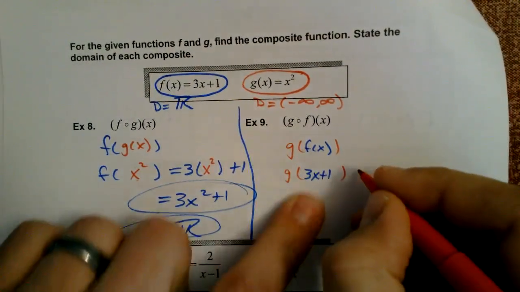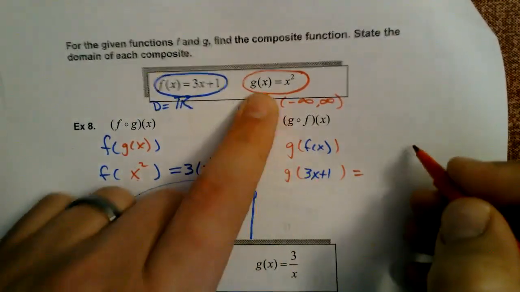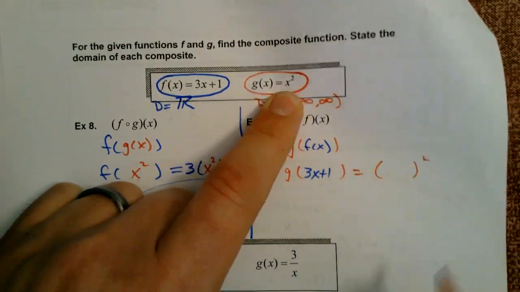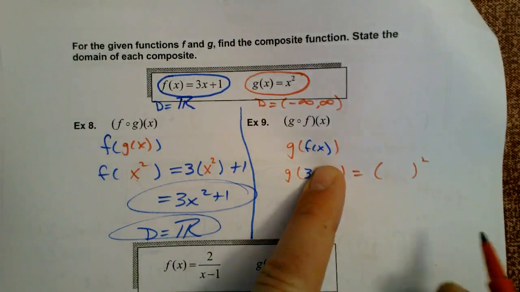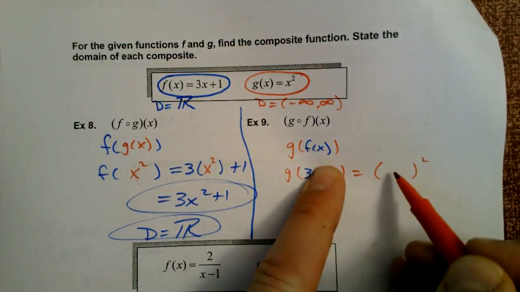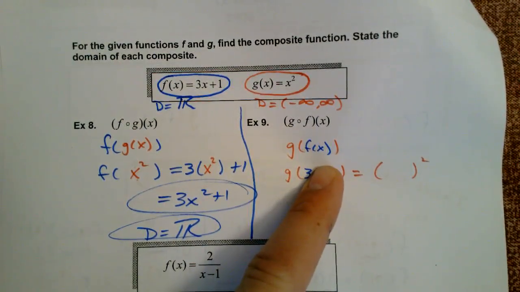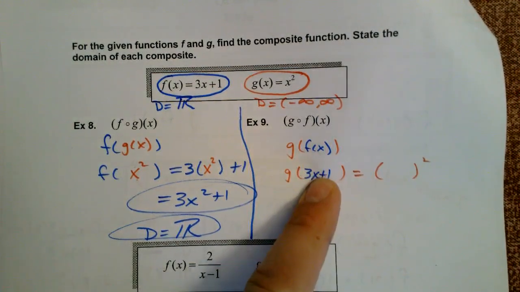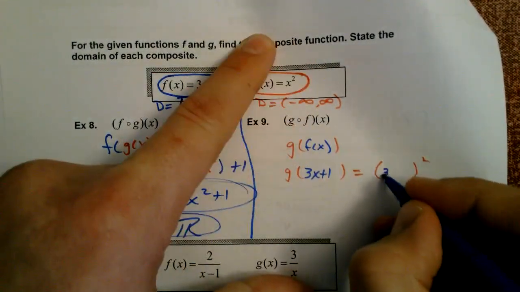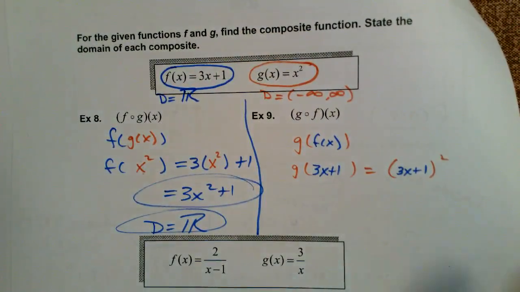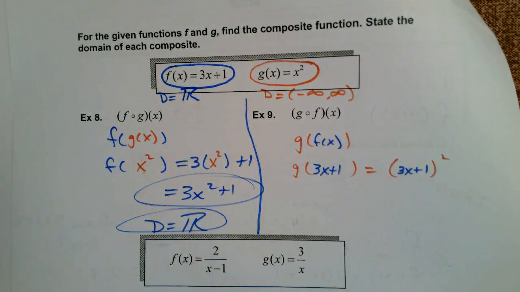If I look at the g function, it says take my input and square it. So if my input was 3, I would plug 3 in here, square it and be done. I would get 9. But that's not my input. My input is f of x. It's 3x plus 1. So I have to take 3x plus 1 and square it.